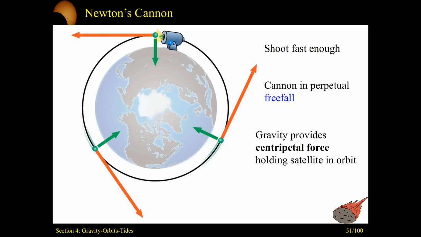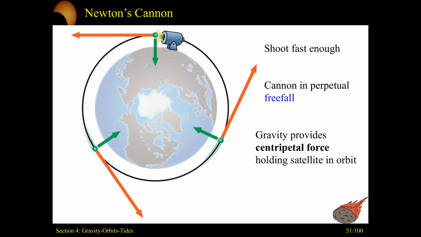If you have a critical speed, then as you are falling towards the planet, you're moving so fast that you never hit. You're always falling, always in perpetual free fall towards the planet. There is a gravitational force constantly dragging you down. But because of how quickly you are moving, you get to a position where you don't hit the planet.